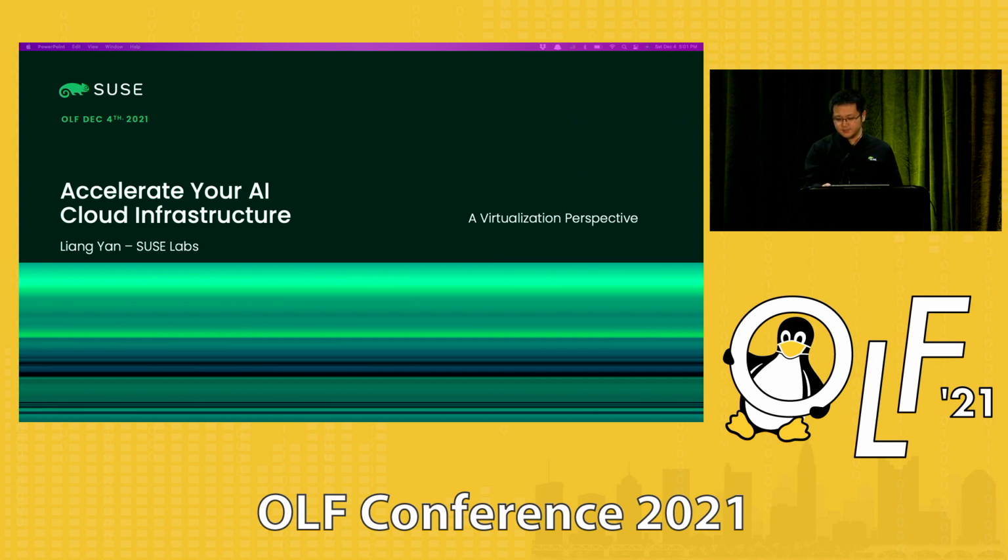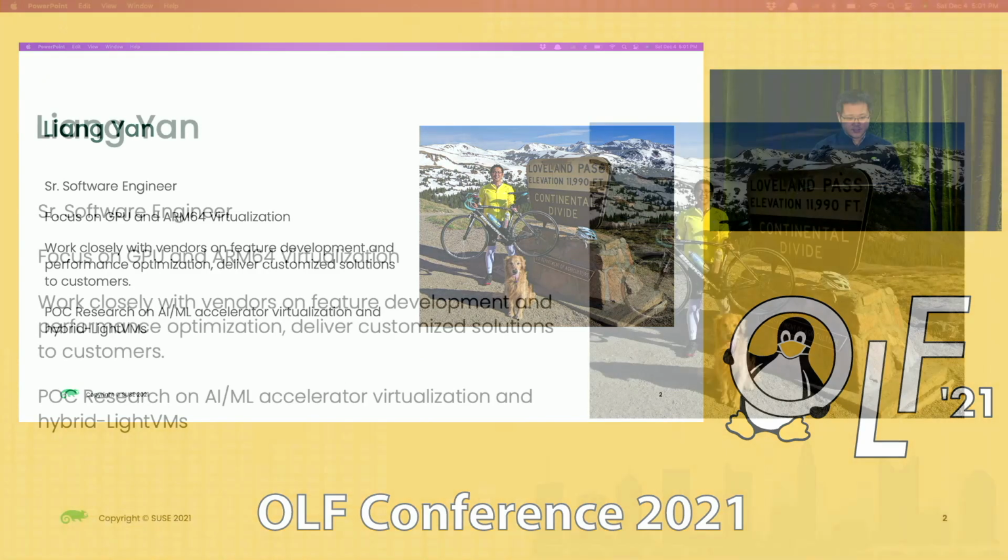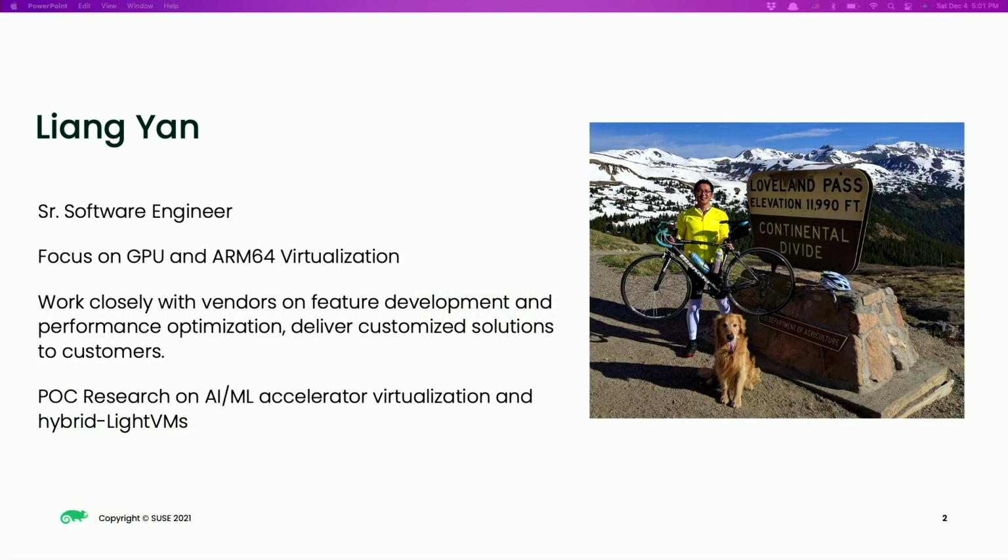So let's begin with a little introduction of myself. I've been working for SUSE Labs for around 5 years now. I'm mainly working on I/O virtualization, which was networking before and is GPU today, and also on ARM64 virtualization.